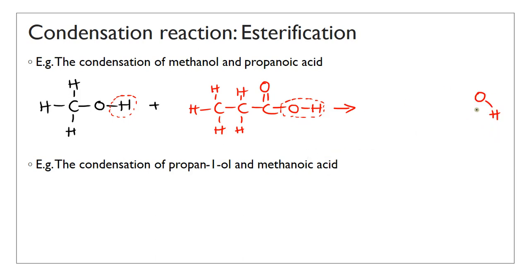Okay, so the H is going here. So that's your water. Now, if the question asks for structural formulas, make sure that you draw the water in structural form as well, and you need H2SO4, concentrated or liquid, as the catalyst. Whatever is left is going to form the ester.